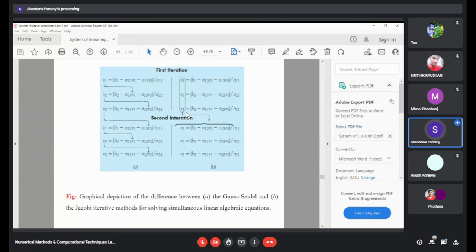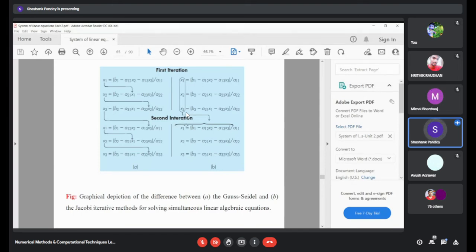Suppose we assumed x2 is equal to 0, x3 is equal to 0. So we will take these initial values of x1, x2, and x3 as 0 for computation of the updated values of x1, x2, and x3. Similarly, we will perform this exercise for the next iteration.